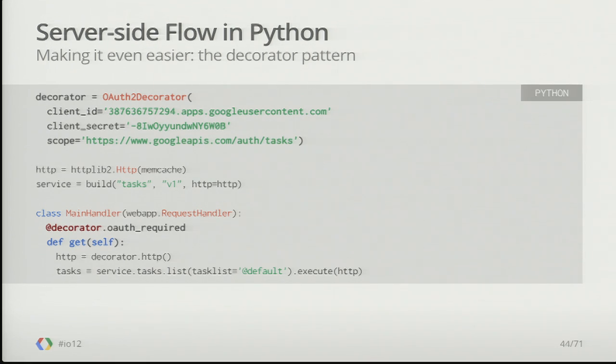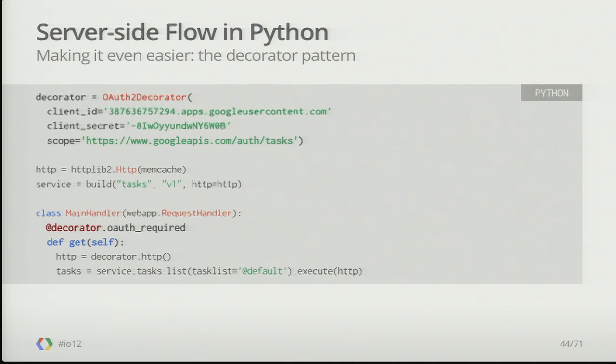When running on App Engine, we can just define a few variables up top and then add this decorator to our web methods and basically say, hey, OAuth is required for this method, and then we'll handle the entire flow for you. If you ignore indentation and formatting, you can do this in 2 lines of code. You can add OAuth support to your App Engine app in Python using this decorator method. So if you want to be lazy, go for that mechanism.